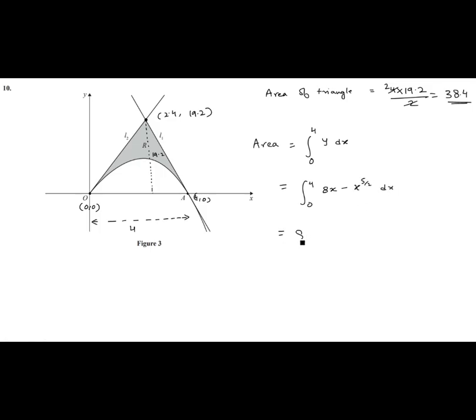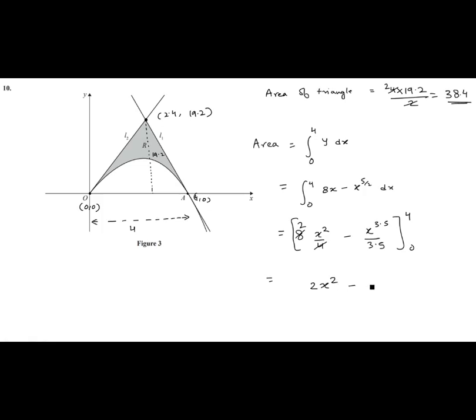Now if we integrate, so 8x integration will be 4x squared, minus x to the power 5 over 2 plus 1 becomes 5 over 2 plus 1, or you can say 5 over 2 is 2.5 plus 1 becomes 3.5, over 3.5. Okay, so 4 times 2 is 8.